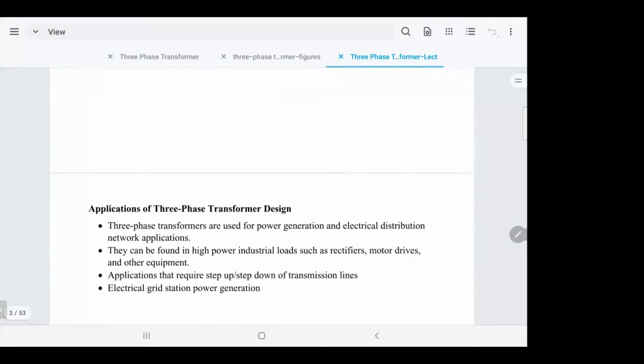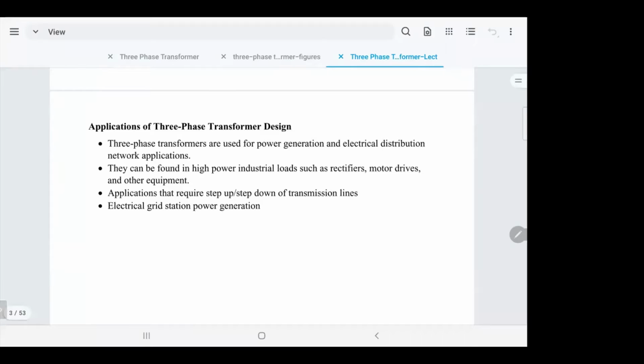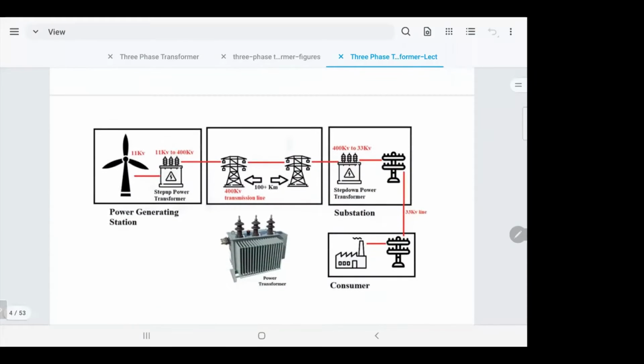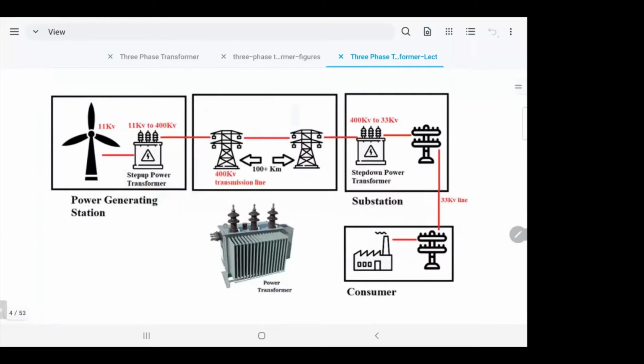But why do we need a three-phase transformer? If you look at the power system in general, from when the power station starts generating power until it reaches the customer end, you have the power generation station, and it could be any type.